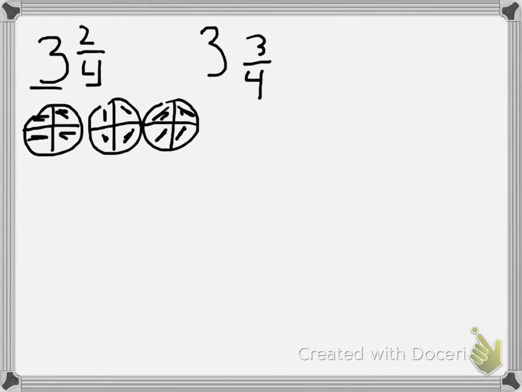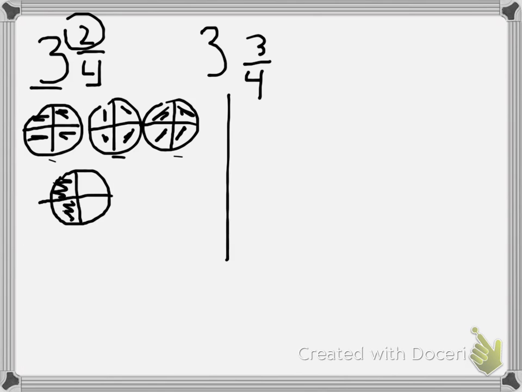For my 2/4, I'm going to draw a circle and again divide it into 4s. Now I only have 2 that are shaded in, so I'm going to shade in 1, 2. So I have 3 wholes, 1, 2, 3, and then 2/4. I'm going to go into my other picture.